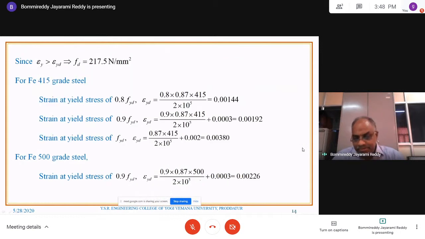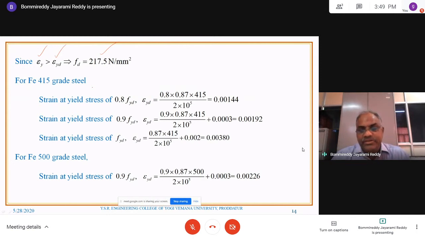Similarly, here what is going to happen? Yield strain is always more than the yield strain at the design stress. So always consider Fd equal to 217.5. That means in the steel reinforcement, the stress completely depends on the magnitude of the strain.